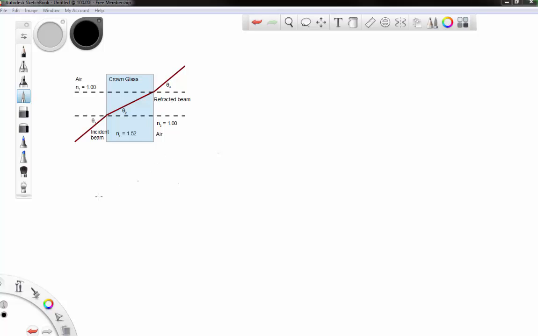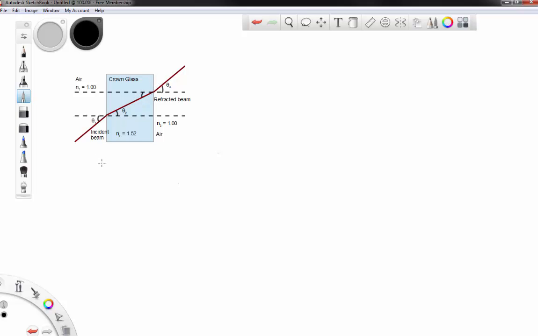This question is a lot harder than the last one, because now you have to figure out both, in order to get this angle, which is what we're ultimately looking for, starting from this angle, you've got to figure out what this angle is, then you've got to figure out what this angle is. So you've got to apply Snell's law once here, then you've got to actually know some geometry, and then you've got to apply Snell's law here.